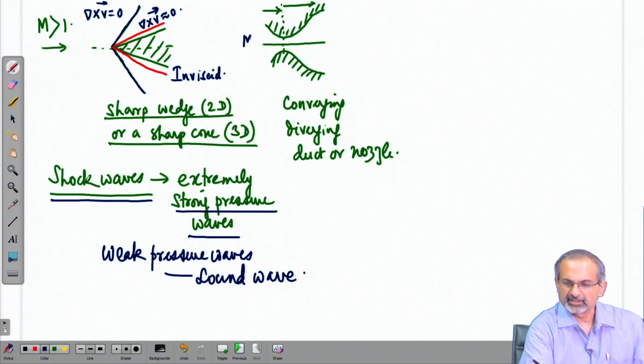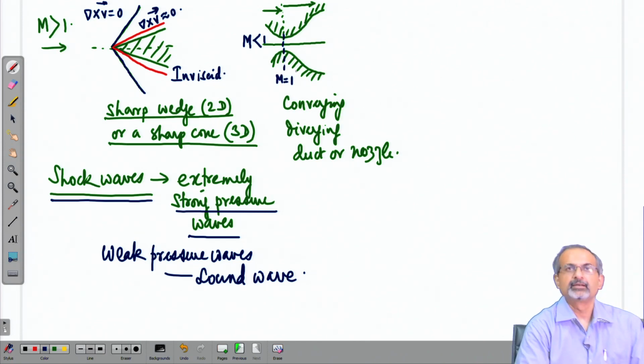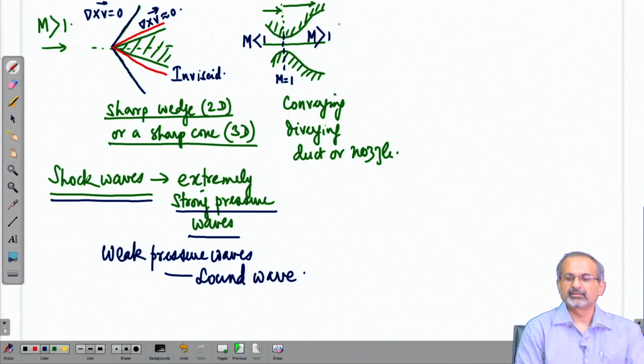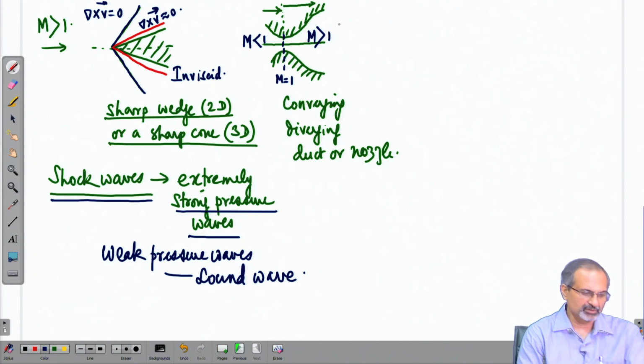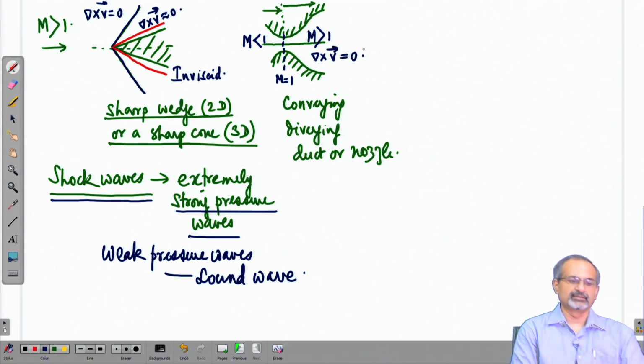Under suitable conditions, we have a subsonic flow here in the converging section, a sonic condition at the smallest cross sectional area and a supersonic condition in the diverging part of the nozzle. And again, curl of the velocity is approximately 0.